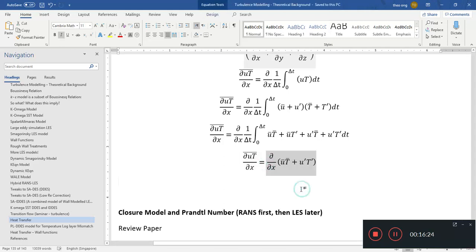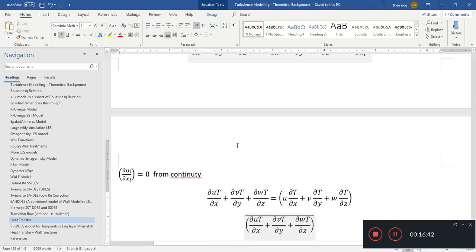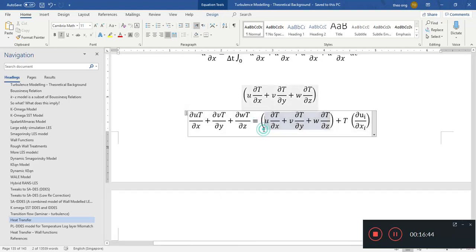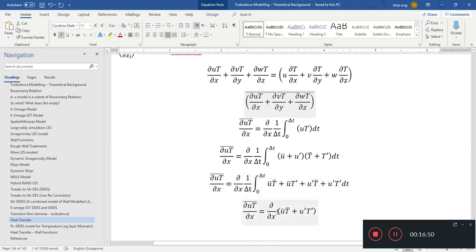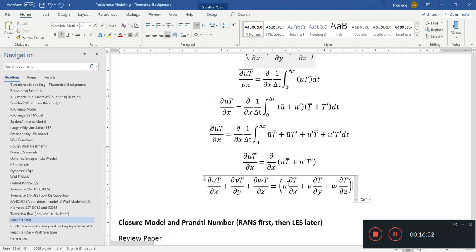When you filter this, it will still be the same exact value. Then we can bring this out like the following. We can just repeat this for the three coordinates x, y, and z.